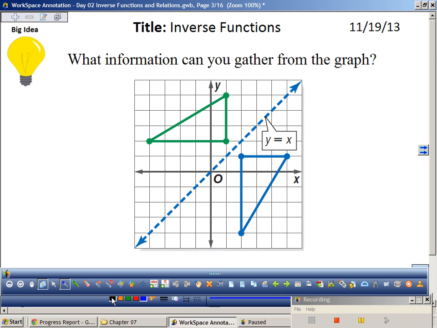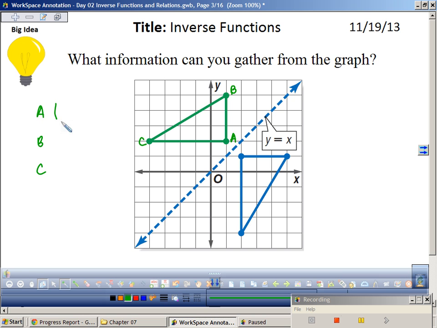Check this out. Let's do the green one first. We're going to label it A, B, C. What's that first ordered pair? Of A, it's (1, 2).